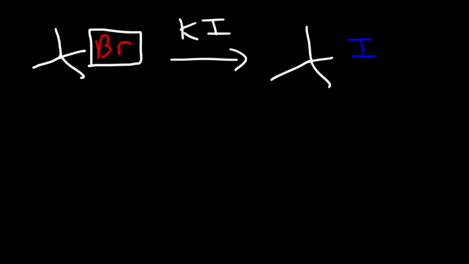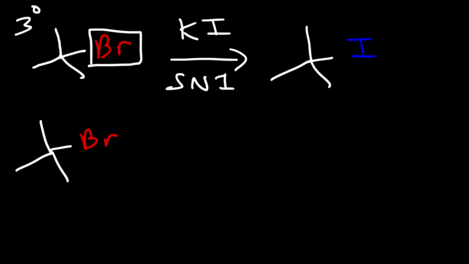Now let's go over the mechanism for this process. You need to know that tertiary alkyl halides favor the SN1 reaction mechanism over the SN2 reaction mechanism. So the first step is that the leaving group leaves. The substrate is ionized. And because bromine is more electronegative than carbon, when that bond breaks, bromine is going to take the 2 electrons in this bond with it.